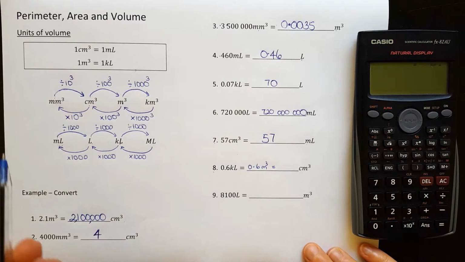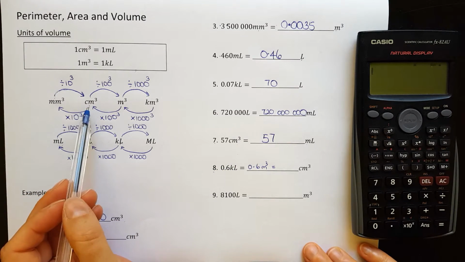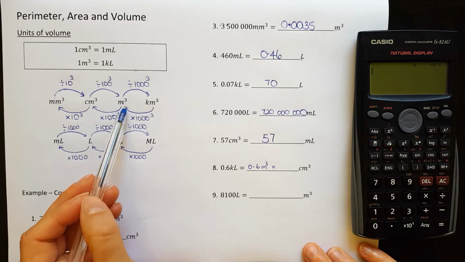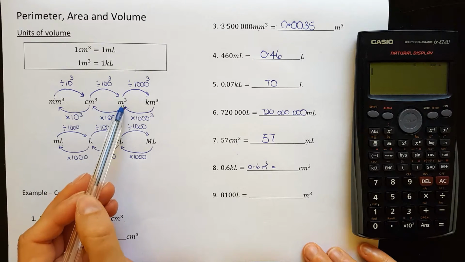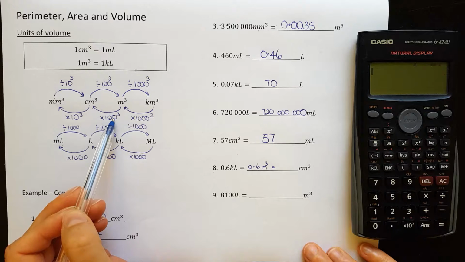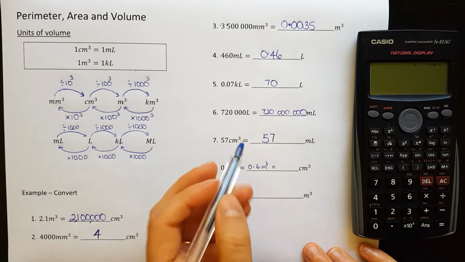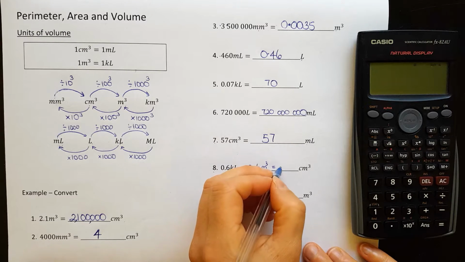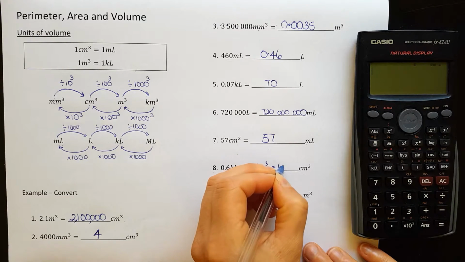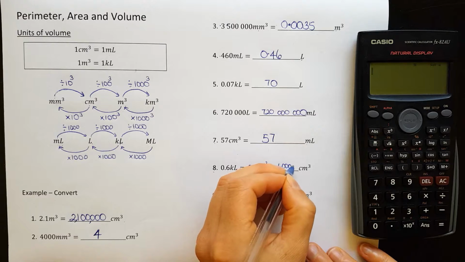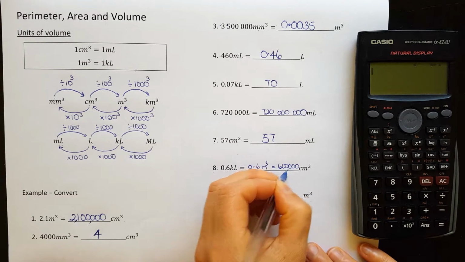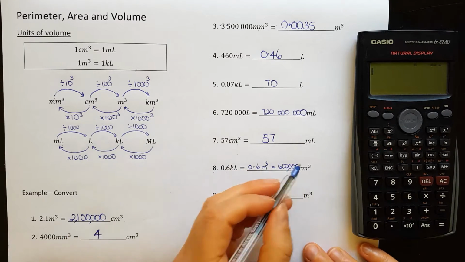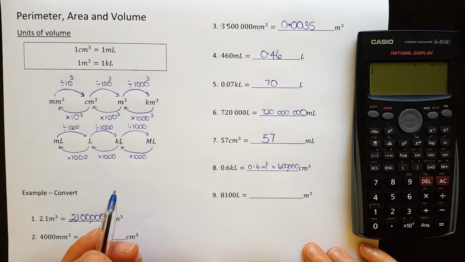And then I could use this to convert from meters cubed, which is here, to centimeters cubed, which means times by 100 cubed. So that's 2 zeros times 3 is 6 zeros, 6 jumps. So 1 jump over the 6. So 1, 2, 3, 4, 5, 6. So 600,000 centimeters cubed would be the answer.